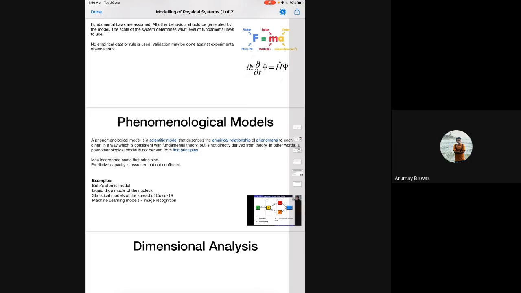And it assumes that if it is given an unknown sample, it will be able to handle it. So there is no fundamental principle involved in the algorithm. It's simply phenomenological. So that is all about first principles models and phenomenological models.